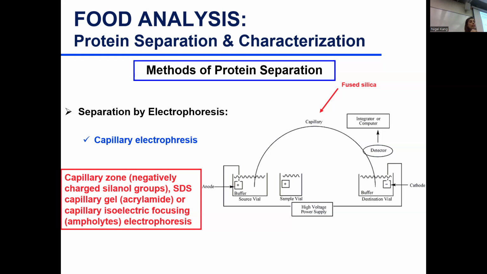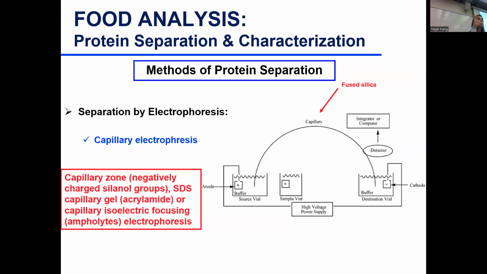Generally, electrophoresis is a qualitative test. We use it to separate proteins and determine their approximate molecular weight. It's not a method of quantification in terms of concentration, or to make sure that we have a purified protein, because as we were talking, you might have different proteins which have similar molecular weights, and then you have the same band.